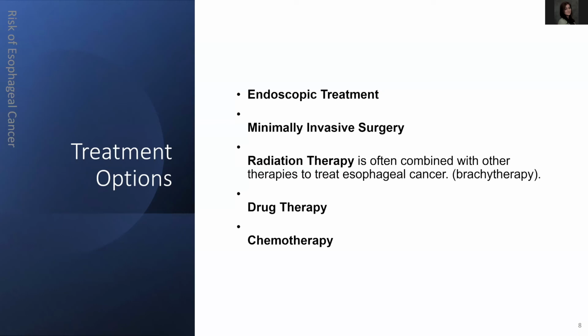There are endoscopic treatments. Endoscopic mucosal resections are sometimes reserved for patients that would represent high-risk surgical candidates. If the patient is further advanced in disease, then usually combined chemotherapy, radiation therapy, and some immunotherapy is offered to these patients.